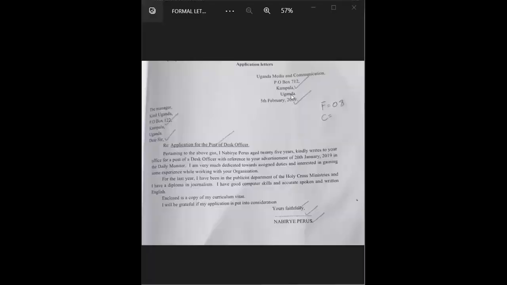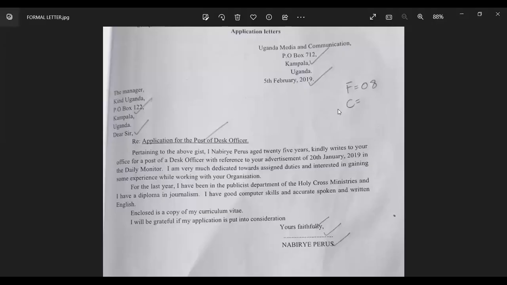We start with our surname. So when you look at this letter, this is a formal letter. This formal letter, as you can see, also has a different format.